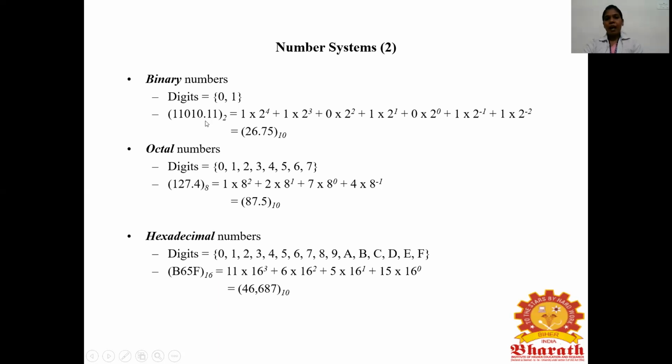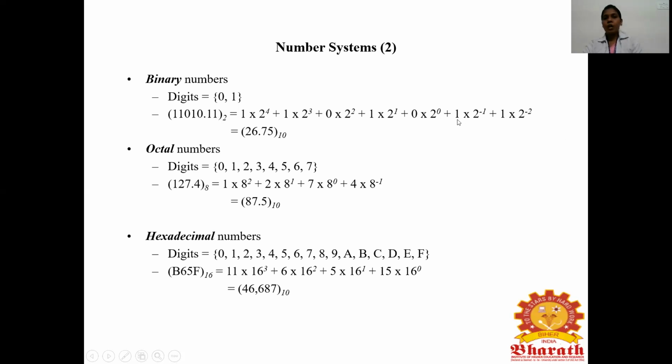Now, after this decimal point, here we have 1, 1. The position of the first digit after the decimal point is 2 power minus 1. Here it is 2 power 0, 2 power 1, and when it comes here, this is 2 power minus 1 and this is 2 power minus 2.